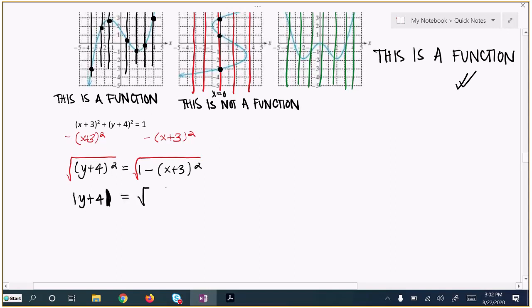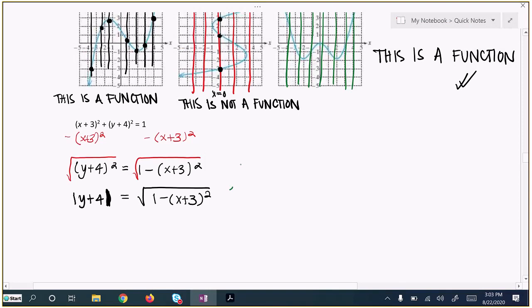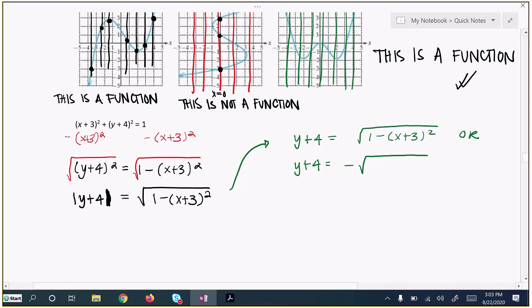And that's equal to, on this side, the square root of 1 − (x+3)². I don't have to simplify that. I can leave it. So this tells me that I have y+4 equal to the square root of 1 − (x+3)², or, because I had absolute value, maybe it's that y+4 is equal to minus the square root of 1 − (x+3)².